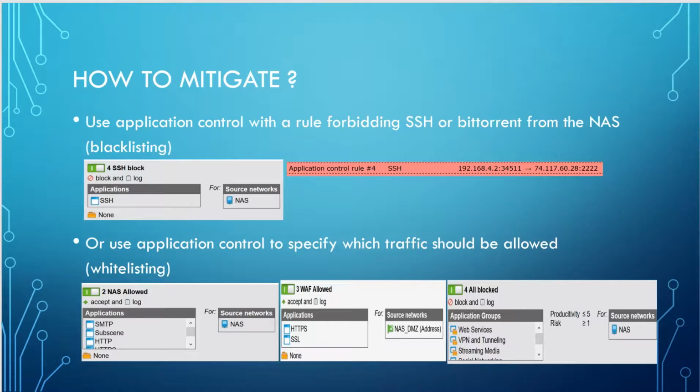Okay, so here we have a rule called SSH block. We will block, we will log, and it's the application SSH for my NAS. Now I have attempted to communicate with the outside world with an SSH server, for example, and here you can see that I've got a red log stating that, well, if it's in red, it's blocked.